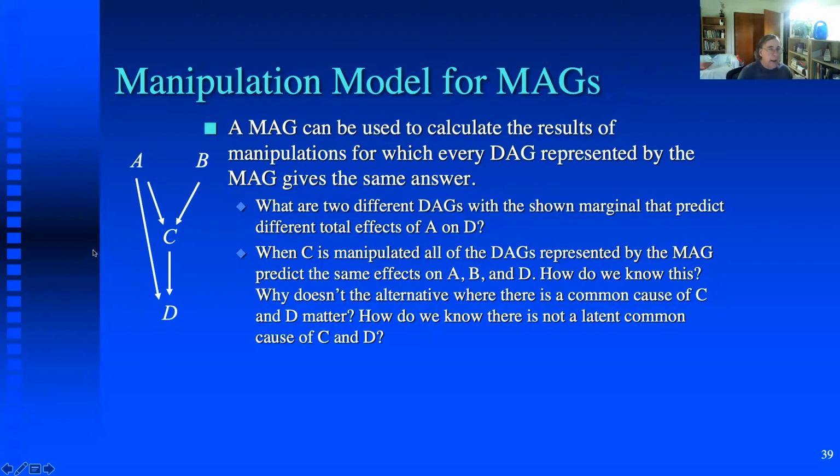On the other hand, if the other DAG was the truth, and instead of having a direct edge from A to D, I had an unmeasured confounder between A and D, and I had the same MAG and the same parameters, it would give the same answer, but the answers ought to be different because when I manipulate A here, this path affects D, and when I manipulate A and there's an unmeasured confounder, it no longer has an effect on D. So I would get different answers.